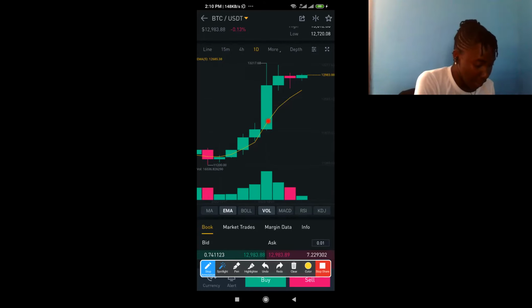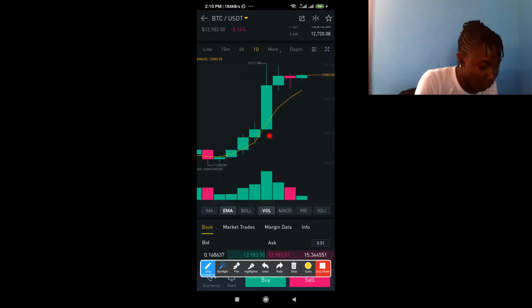Okay, it means that on this day, Bitcoin started at a price of, when you look here, you see 11,872. So this is the candle. It started at a price of 11,872 and ended at 13,217.